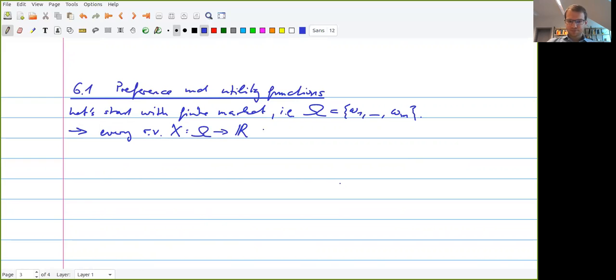And now this is the nice thing about the finite setting. We can, and we have already done it several times, identify a random variable with a vector, let's call it x bar, in R^m, right?